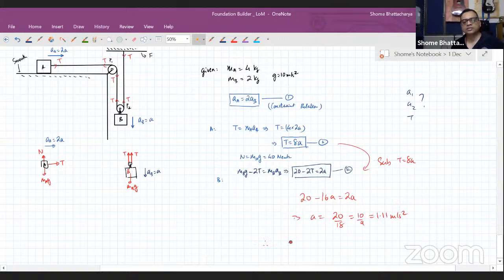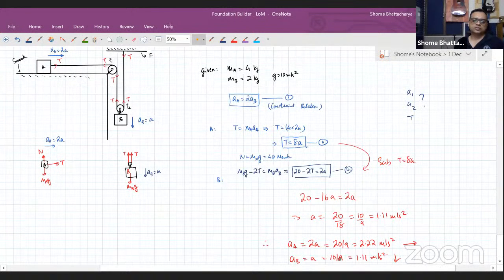So therefore acceleration of A, which is 2A, is 20 by 9, or 2.22 meters per second square horizontal, and acceleration of B is 10 by 9, or this much vertically downwards. So these become our answers.